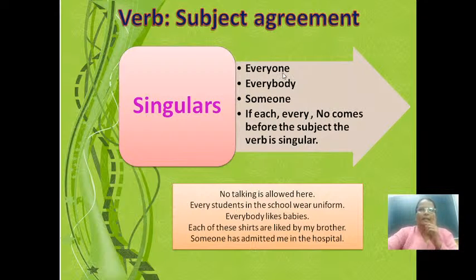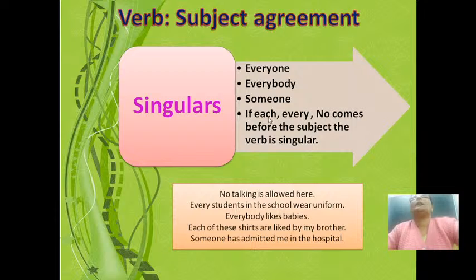You see one is written there. Someone. One is written there. Wherever you see one at the end, it means singular. This is a clue which I have made for the students on my own. Everyone, everybody, someone, each, every, no. Everyone, everybody, somebody, someone, all these are treated as singulars.